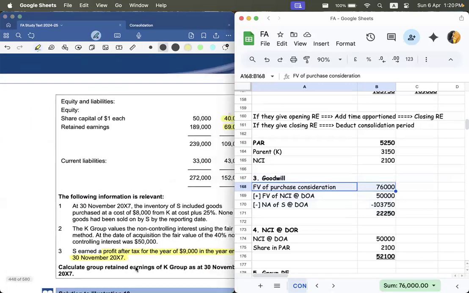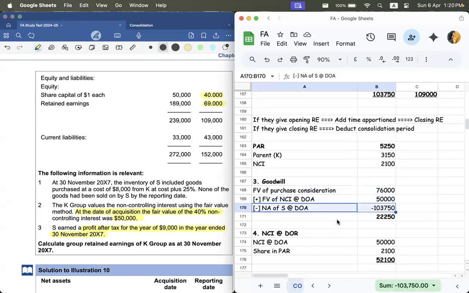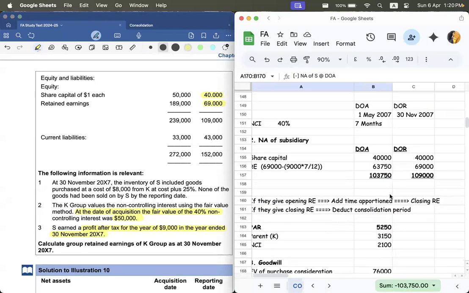In the end, they have given the fair value of NCI at the date of acquisition, which is 50,000. So you add it. Logically, these two are the company's whole value. Now you deduct the net assets at DOA, which is in working note 2.